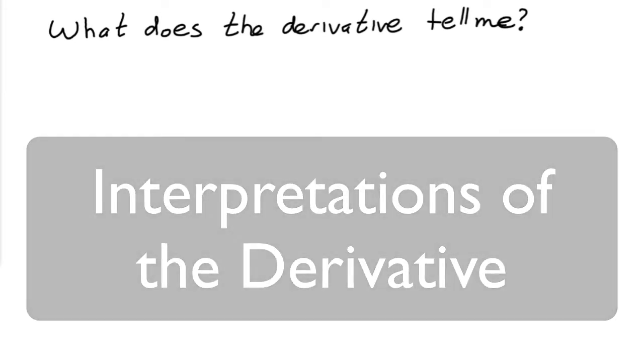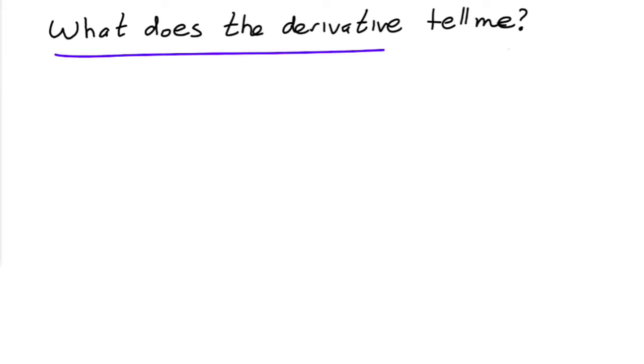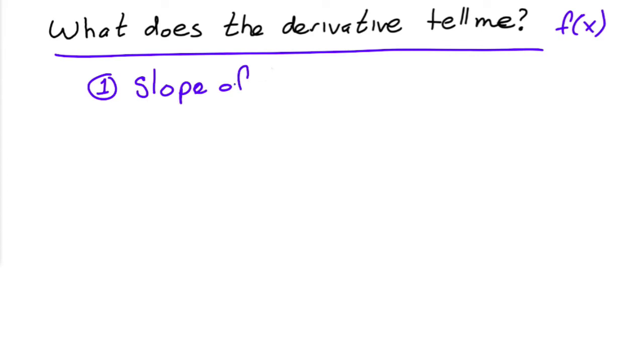In trying to figure out what the derivative tells me, we already know that if you find the derivative of a function, so let's say you have a function f of x, that derivative is going to tell you the slope of the tangent line at any point.